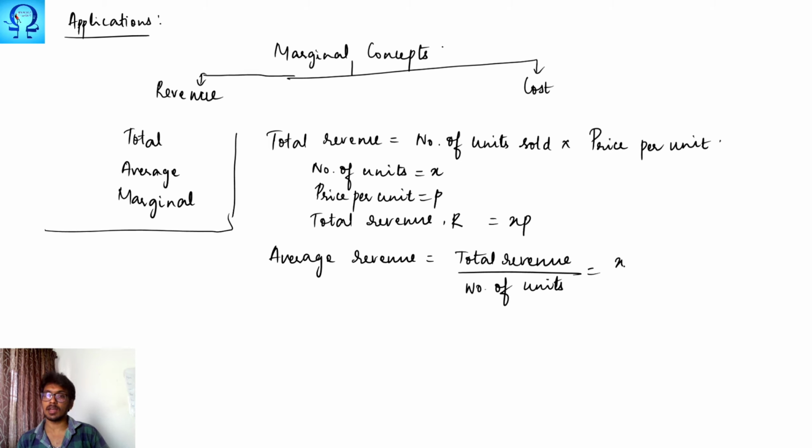So it is going to be XP upon X, which is simply P. Price per unit is also called average revenue.